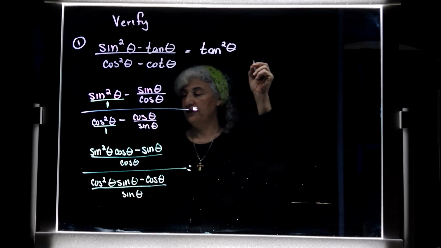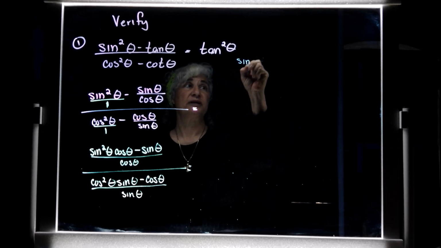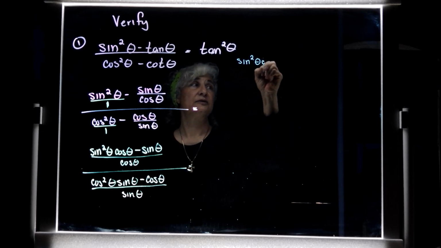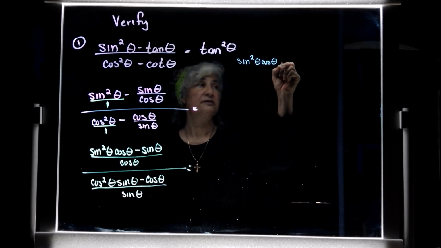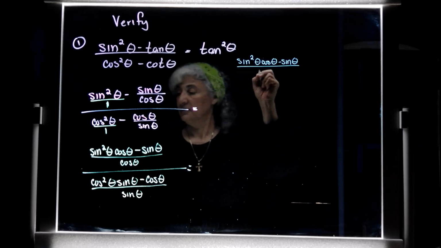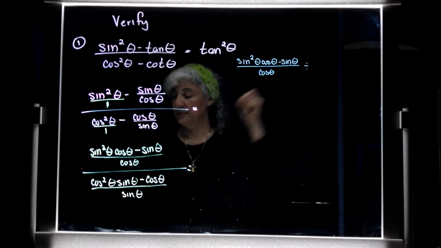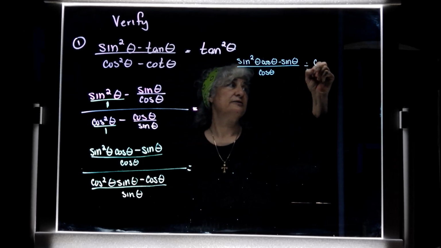I'm just going to use a finer marker because I'm running out of board space. So cosine theta minus sine theta over, that's the numerator's fraction, right? And you're dividing by the denominator's fraction.